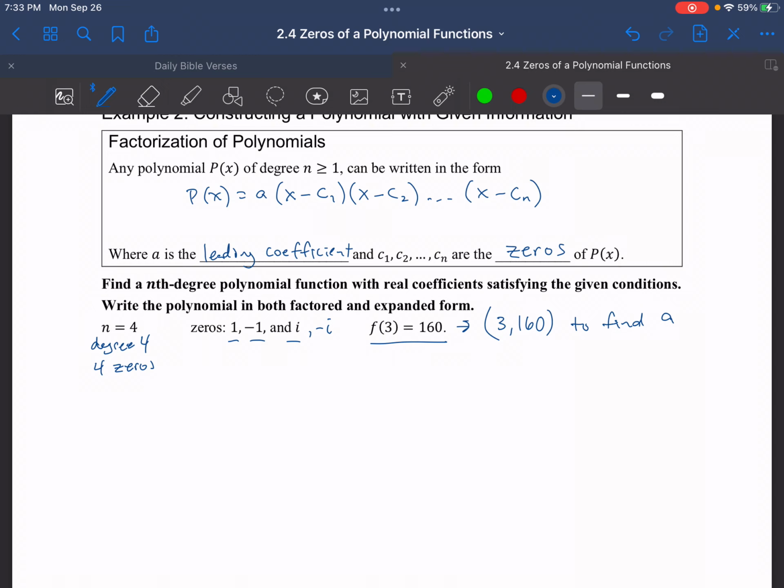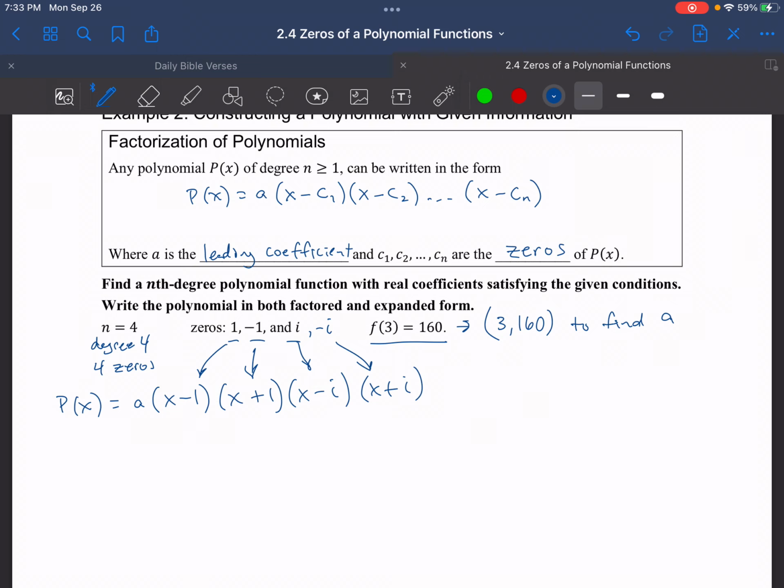Now we have all 4 of them, which means we can write P of x equals, in factored form, A times (x minus 1), that comes from that one, and then (x minus negative 1), so x plus 1, from that one. We can do x minus i, coming from that one, and x plus i, coming from this last one.